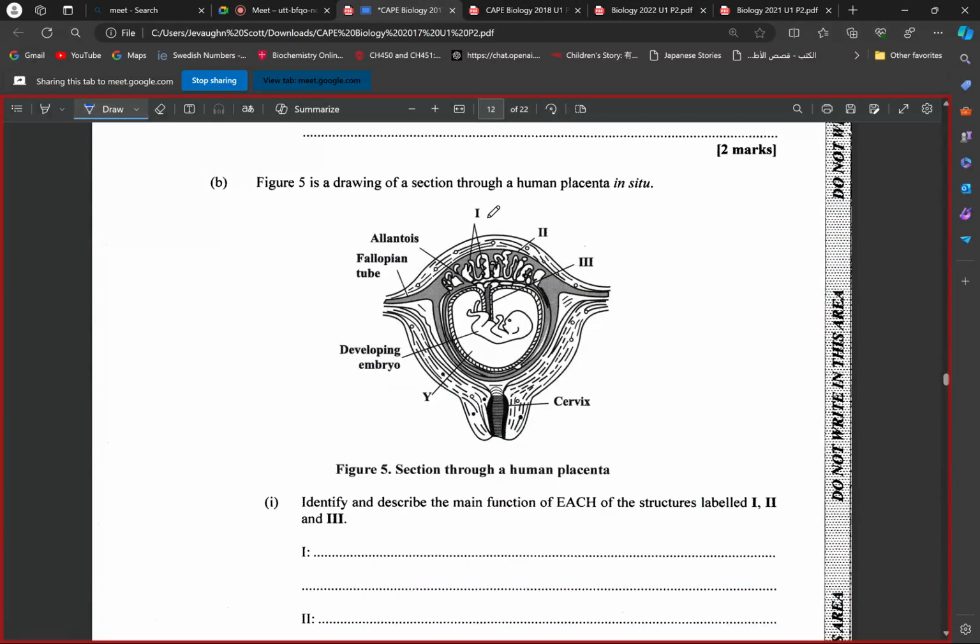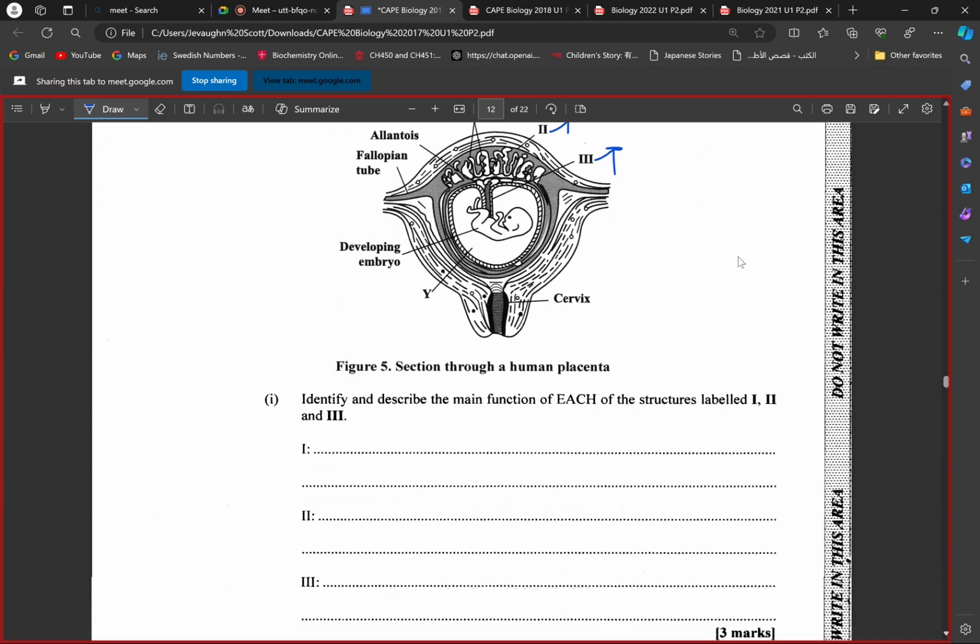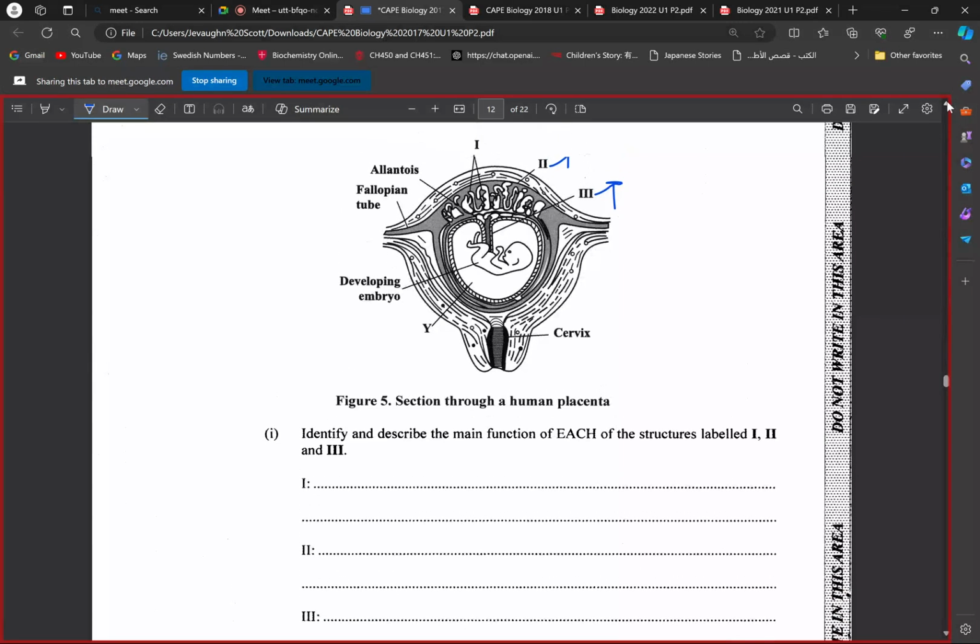We've done this as well. For one, we've stated that this would be the chorionic villi. Two, we said that two would be the endometrium, and three would be the umbilical cord, through much discussion and debate yesterday.